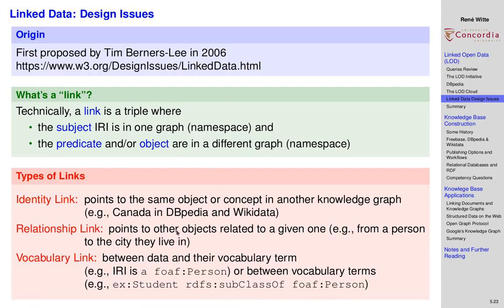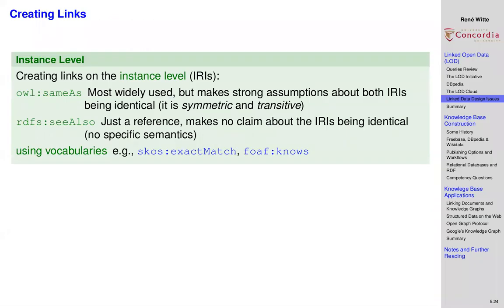And for your student, we used so far this example namespace, but when you build an application, you have your own application namespace. And that's an example for linking across these two different namespaces using the vocabulary. So these are the three types of links.